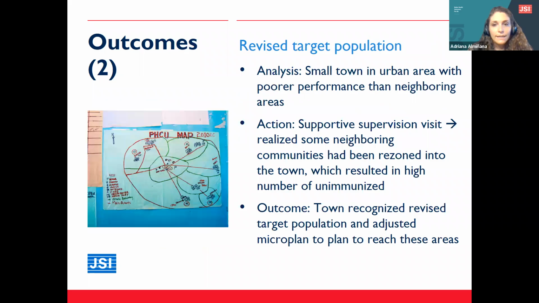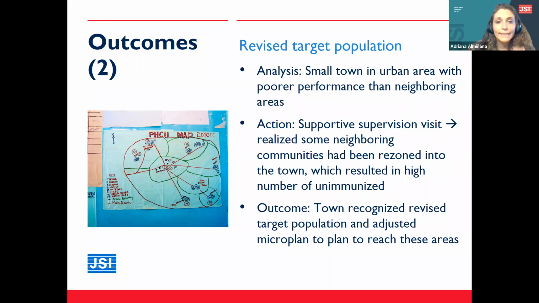Next slide. Okay, so in another quick example, this kind of data triangulation process had revealed that a small town in an urban area had poorer performance compared to some of the other areas near it. Again, they investigated the cause, and during supportive supervision they realized that some of the immediately neighboring communities had recently been rezoned into the town.